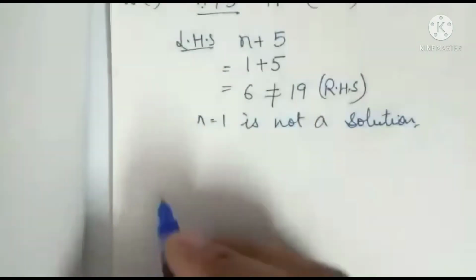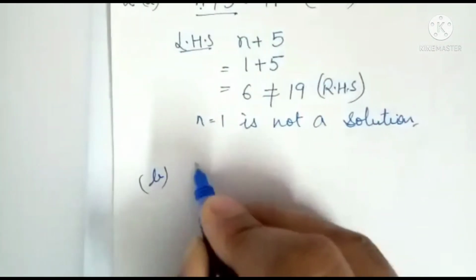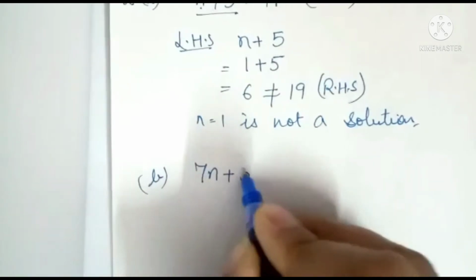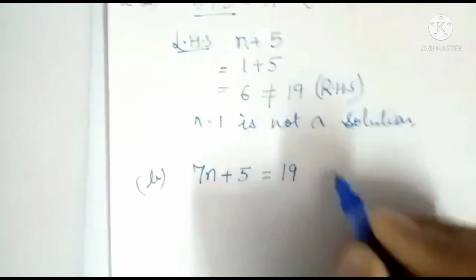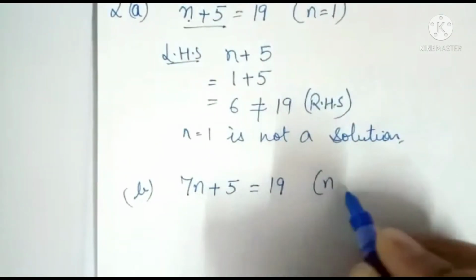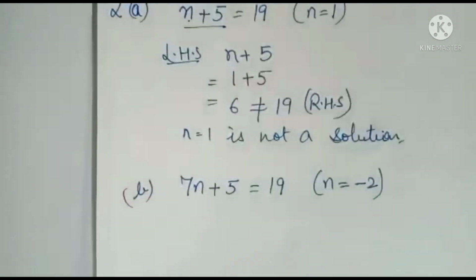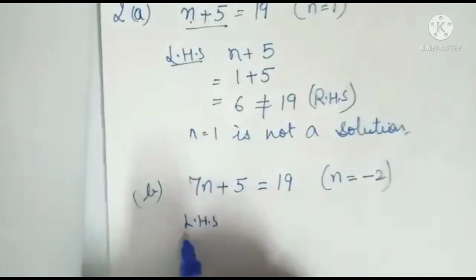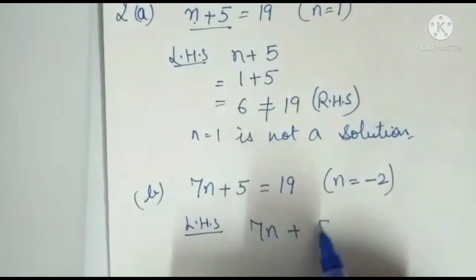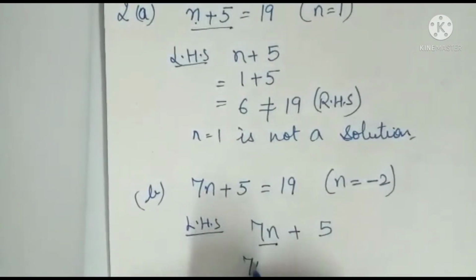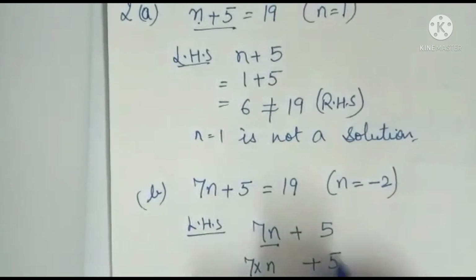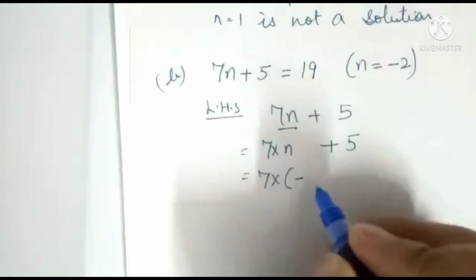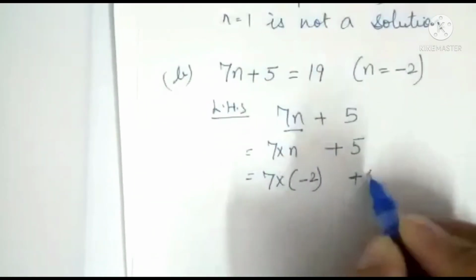In the same way see one more part, that is the second part. 7n plus 5 is equal to 19, and you have to check for n is equal to minus 2. So first here the left hand side is 7n plus 5. 7n, that is 7 multiply n, plus 5. So we will put the value minus 2 plus 5.